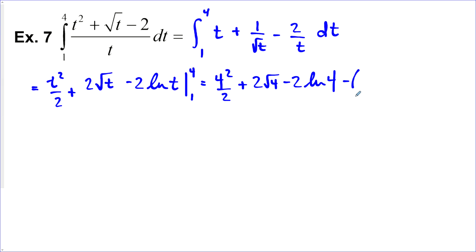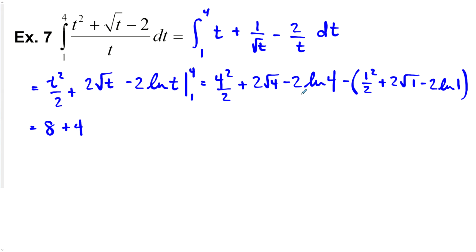minus, and I'll put some brackets here and distribute in that negative in the next step. So I'm putting 1 in each of these terms now, so 1 over 2 squared plus 2 square root of 1 minus 2 natural log of 1. This would be 16 divided by 2 is 8. This would be 2 times 2 is 4.